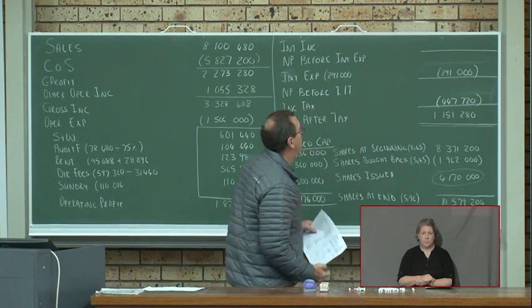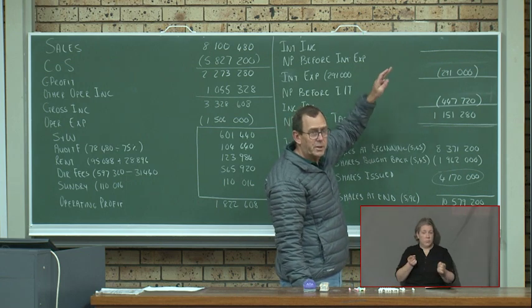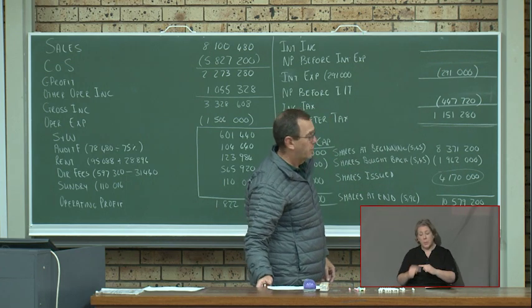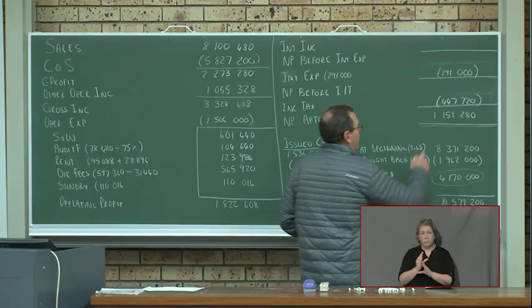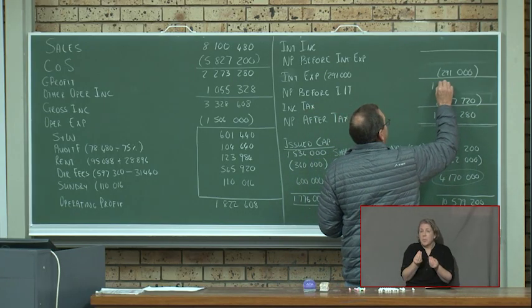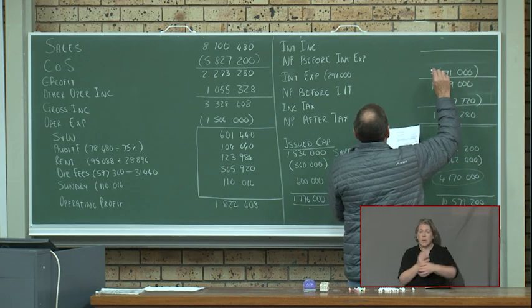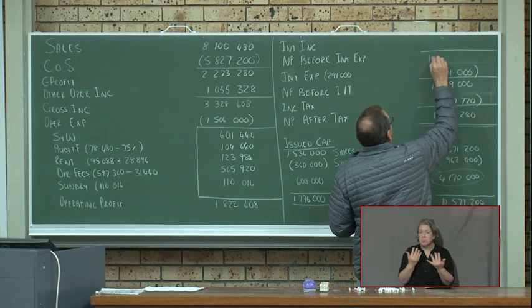So now we can't get our interest income, so we have to work from the bottom upwards. We remember 1151 plus 447 gives you 1599, plus 291 gives you 1890.